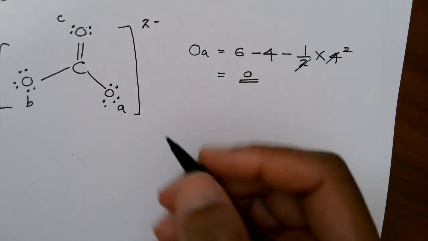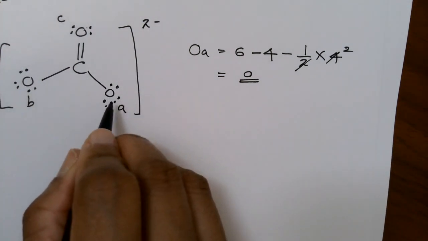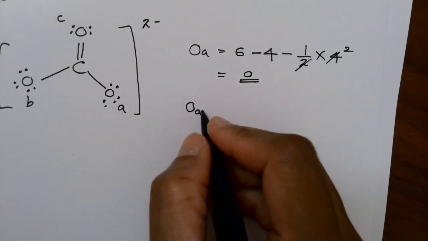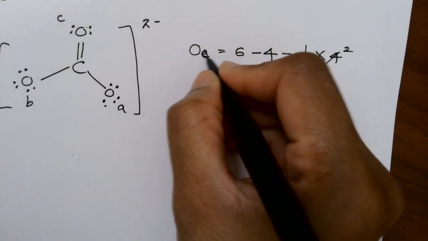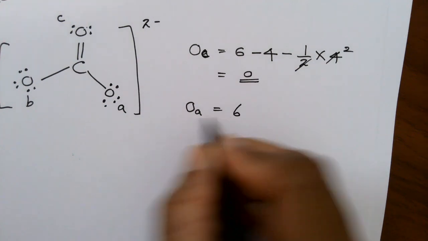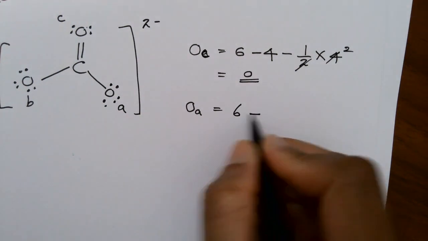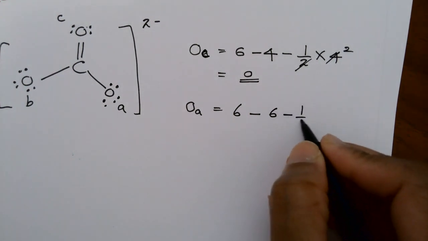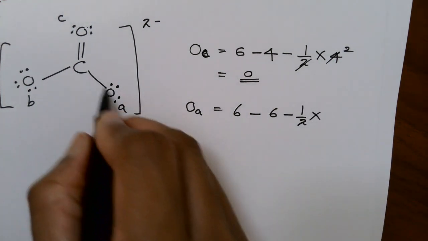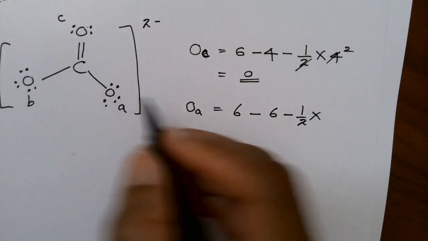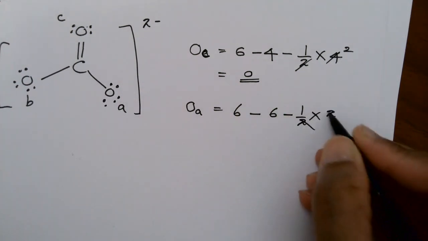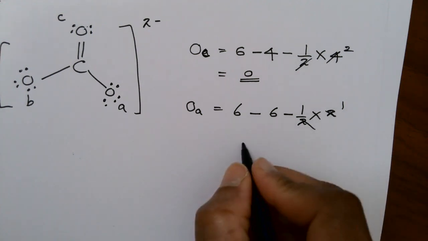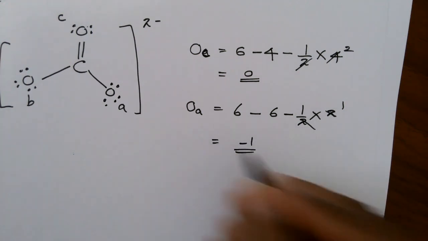Now let's calculate the oxygen formal charge on A and B. So OA, this is OC, OA is equal to 6, the same number of valence electrons, minus the number of lone pair electrons, 6, minus half times bonding electrons. Now we have a single bond, 2 electrons. So 6 minus 6 is 0, 0 minus 1, the charge is minus 1.